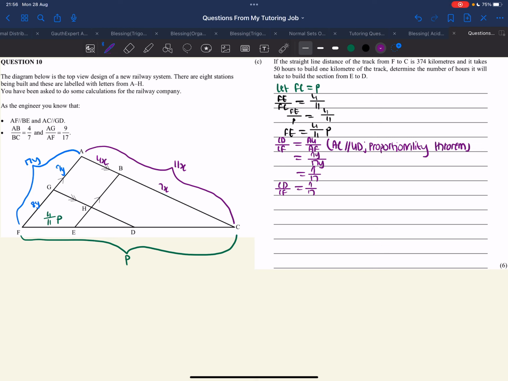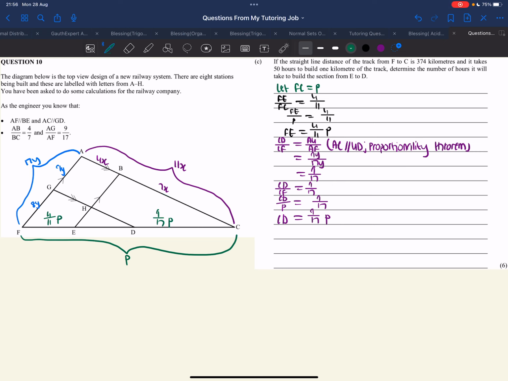Now remember, I just said that CF or FC is P, so I will say that CD over P equals 9 over 17. So basically CD or DC will be 9 over 17 multiplied by P.